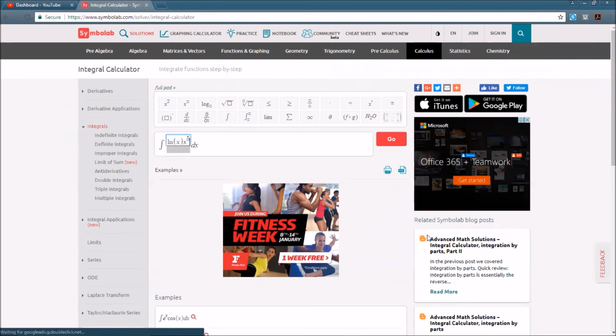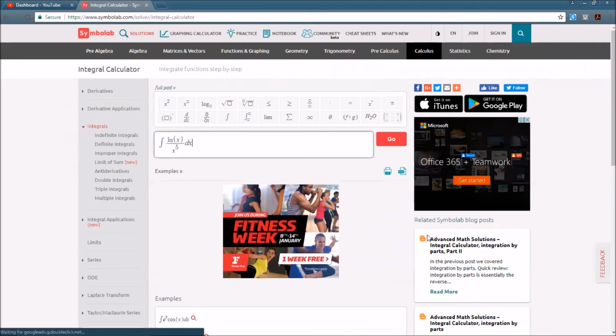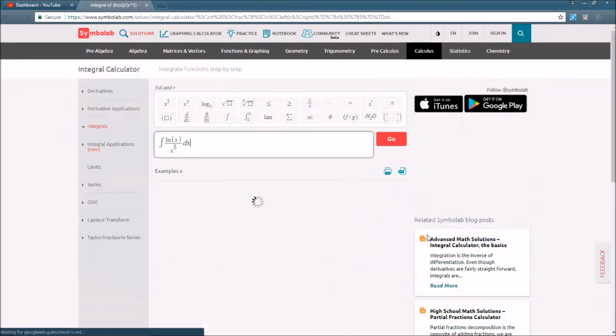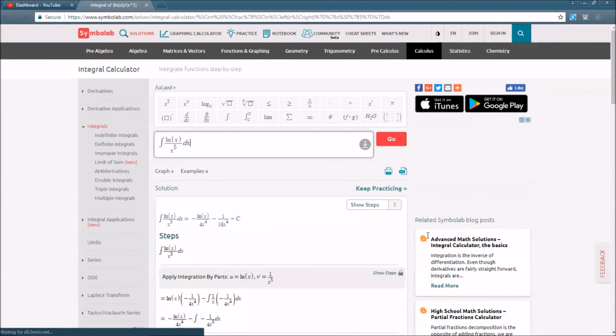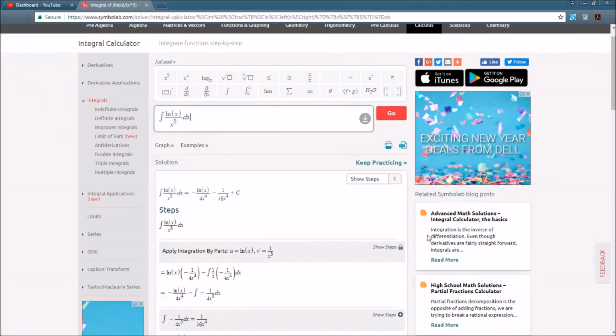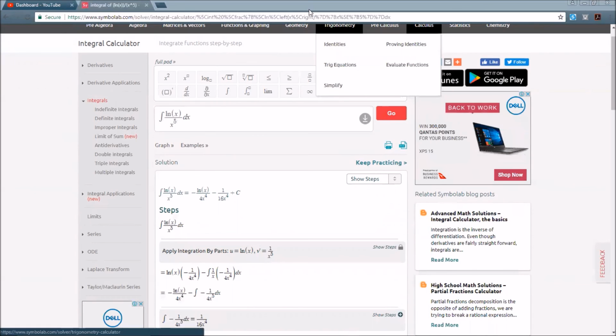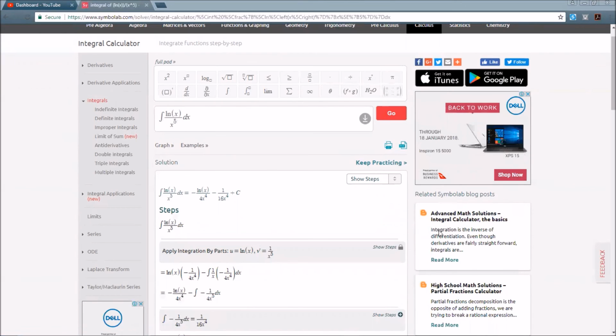I forgot the question for a second. Oops. Let's see what they got. Yes, nice. So we got that one right, or the same answer as Symbolab at least.